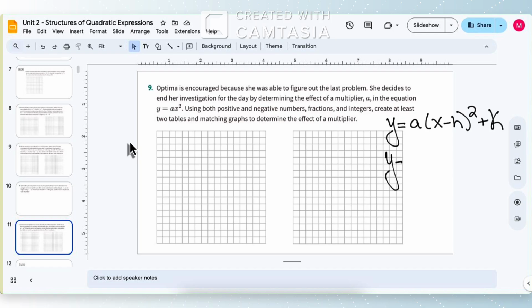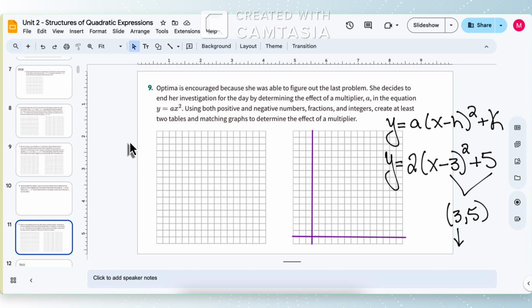Putting this all together, if I had y equals 2 times x minus 3 squared plus 5, and I had to graph this one, I'm going to first identify my h and my k, that's going to be 3, 5. That's because I have to go right 3 and then up 5. So I'm going to shift my vertex right 3, up 5.